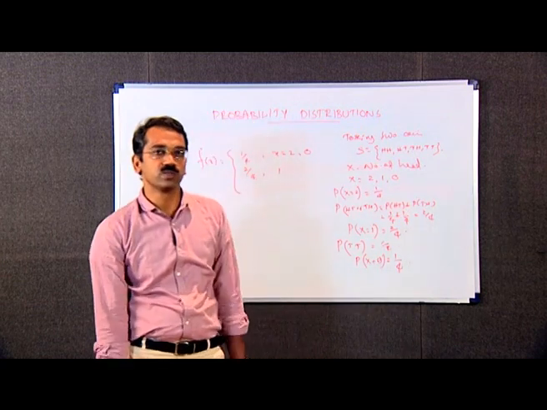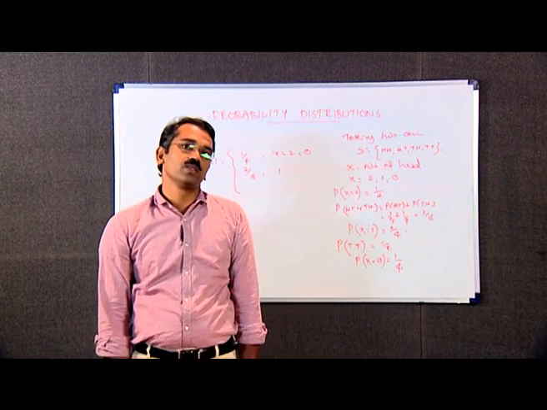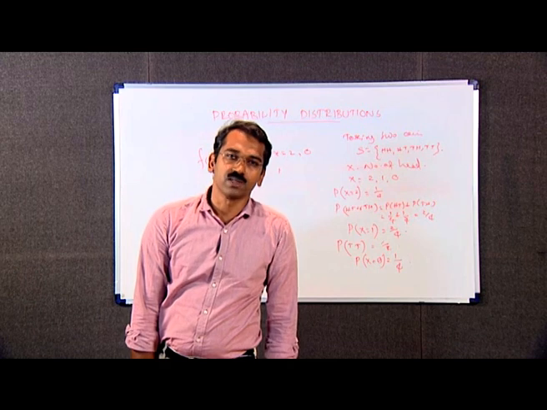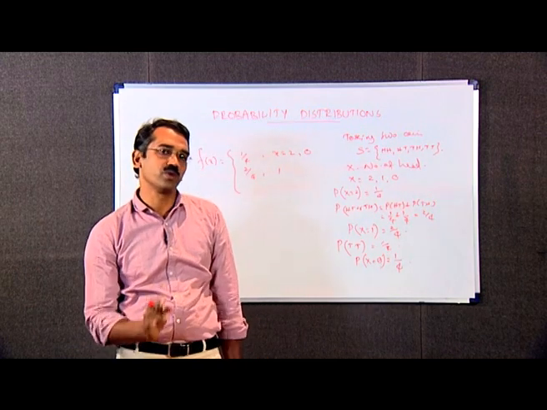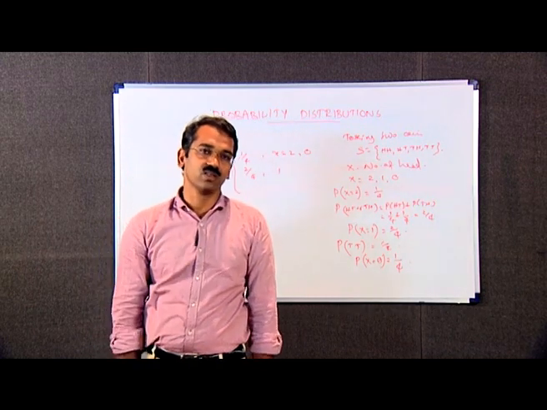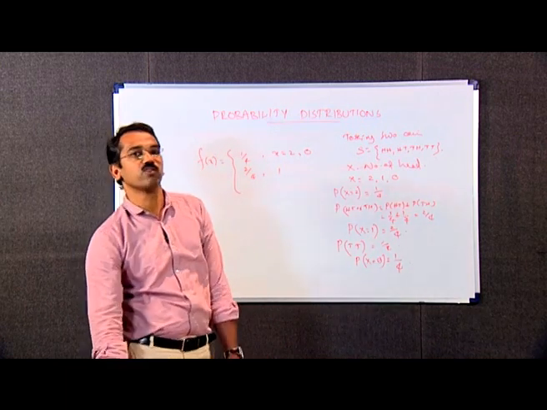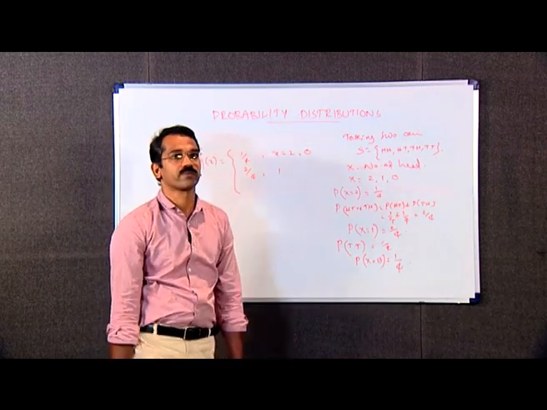This is the probability distribution. That is, a probability distribution is a function f of x, that is P of X equal to x, which assigns the probability for each outcome of a sample space.